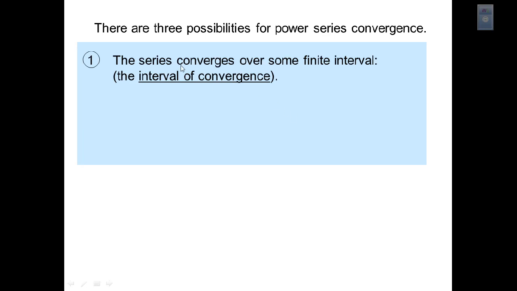All right, so there are 3 possibilities for power series convergence. The first one, the series converges over some finite interval, and this is known as the interval of convergence.